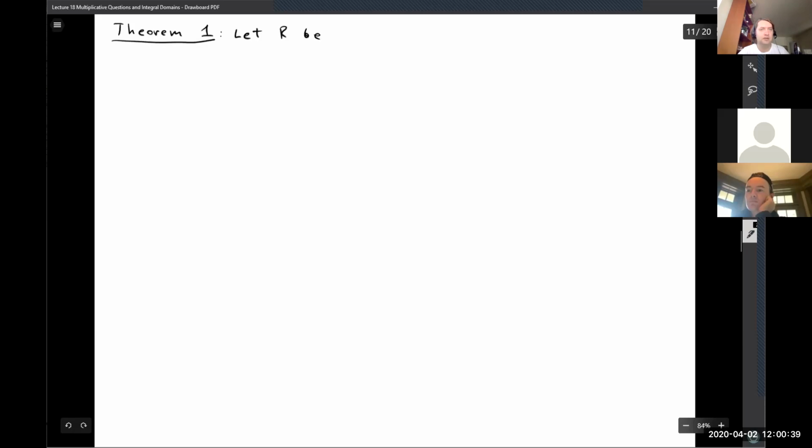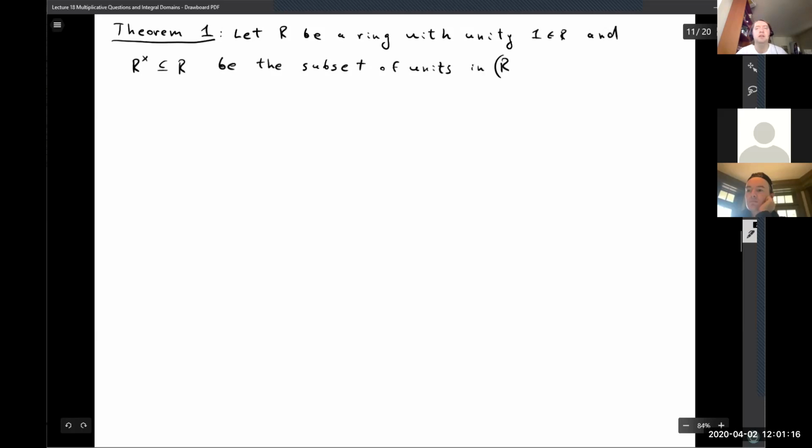Let R be a ring with unity 1 in R, and R cross be its multiplicative subset, be the subset of units in R. And to be precise, let me denote the binary operations of R by plus and star.